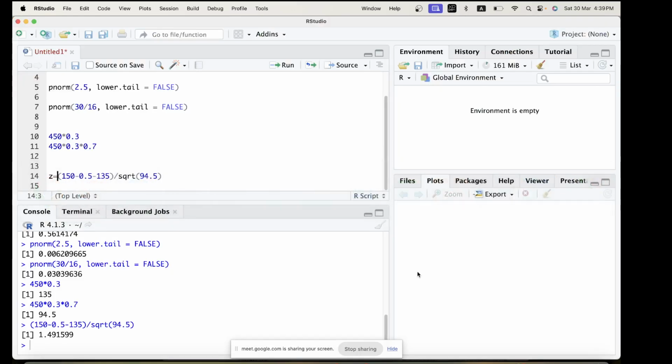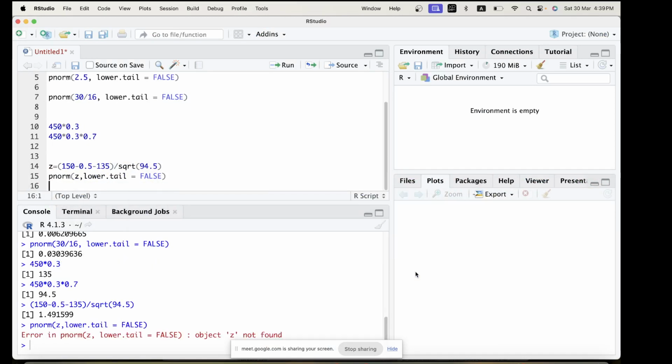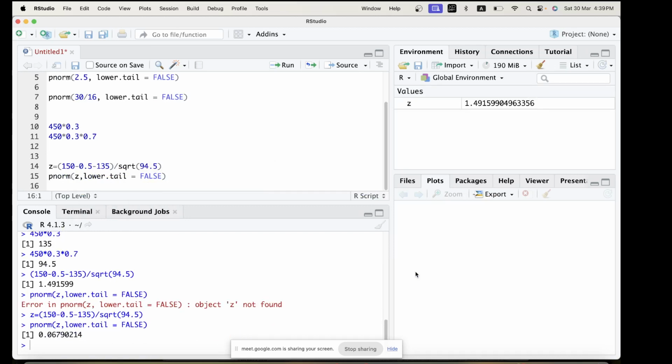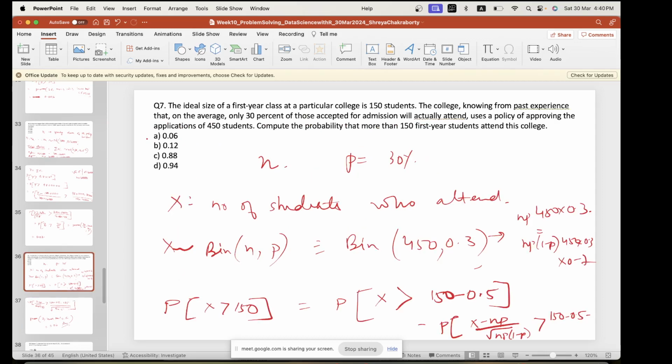So we'll just type this: pnorm z, lower.tail equal to false. So this is 0.06. Alright, so the answer here is 0.06. Is it okay? This will be option A.